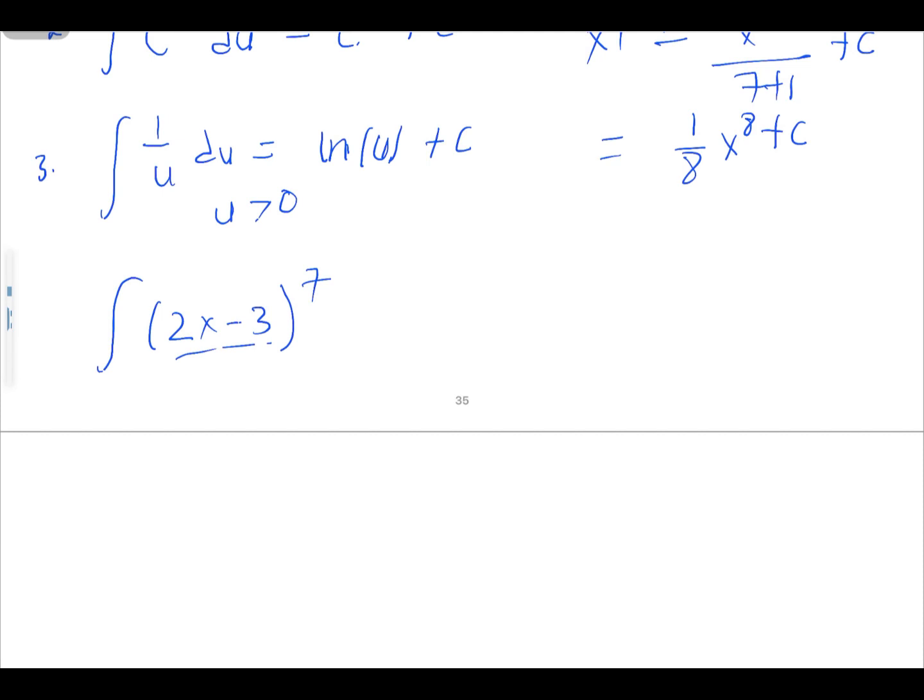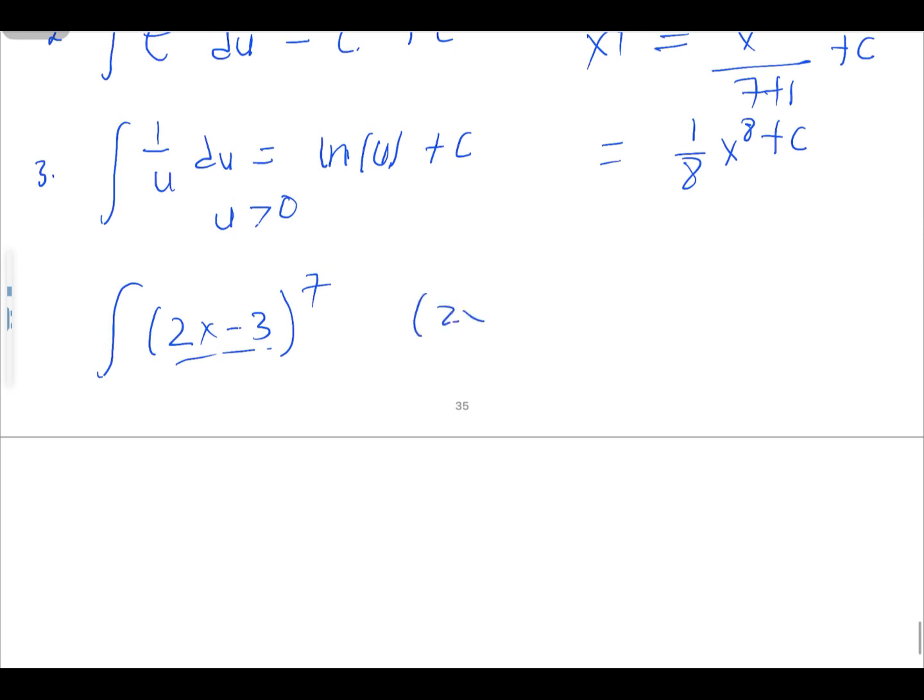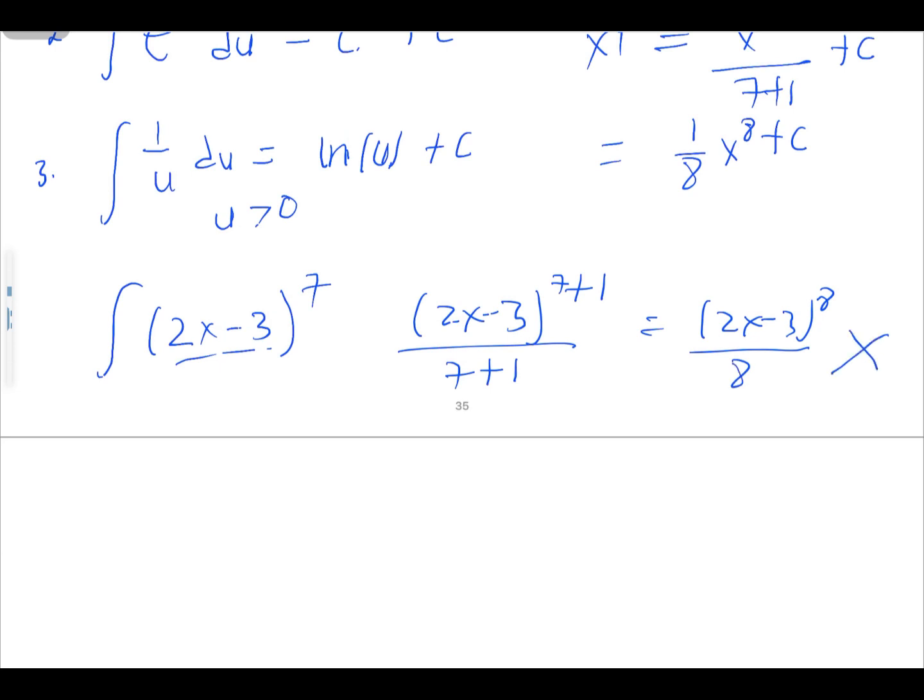So if you use the normal approach, are you going to do something like (2x minus 3)^(7+1) over (7+1) to get (2x minus 3)^8 over 8? No, this is totally wrong. This is not how we do it.